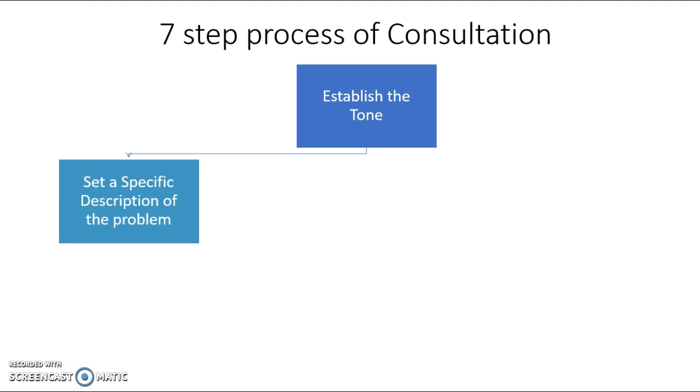Step 2 is asking the consultee, can you give a specific example of when he or she was a problem for you? So again, we're assuming that the client is a student and that the consultee is a teacher in this situation. So we're asking them to be more specific. We might say, tell the consultee, say the exact words and say them in the way that you said them.